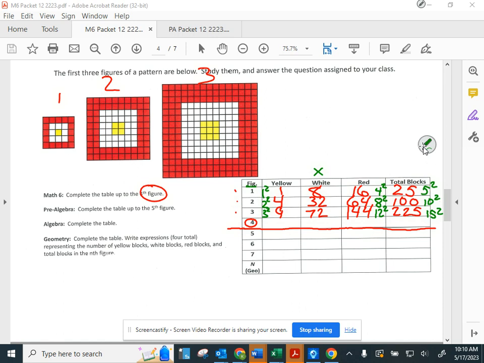So if you can figure out the pattern to the white, you can put it down here and tell me what your pattern was that you came up with. And you can double check it by adding them all up to see if you get the total, because we know the patterns for the yellow, the red, and the total blocks. So you should be able to find that missing one.